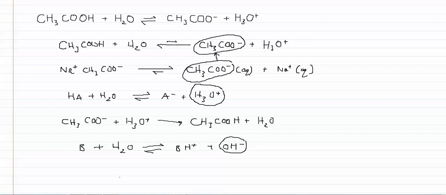And when we add a base to a buffer solution, we see a neutralization reaction occurring. So basically, our weak acid, in this case ethanoic acid, reacts with base to form a salt and water. And that's the general form of a neutralization reaction.